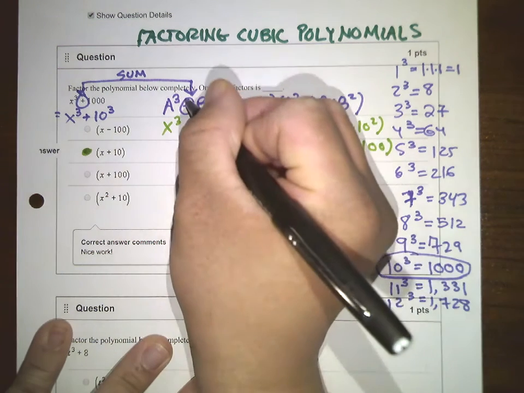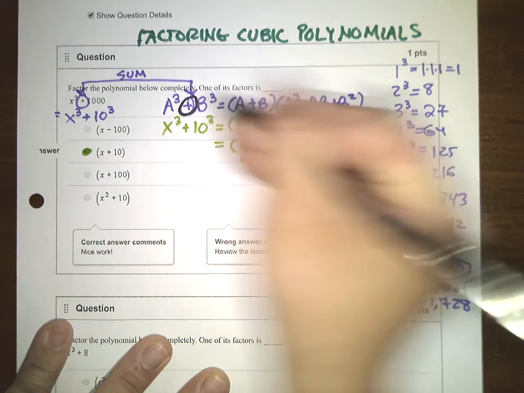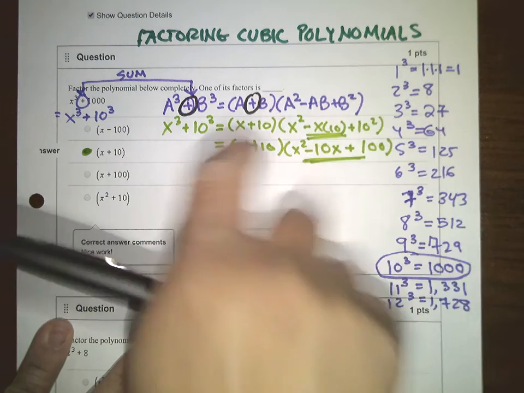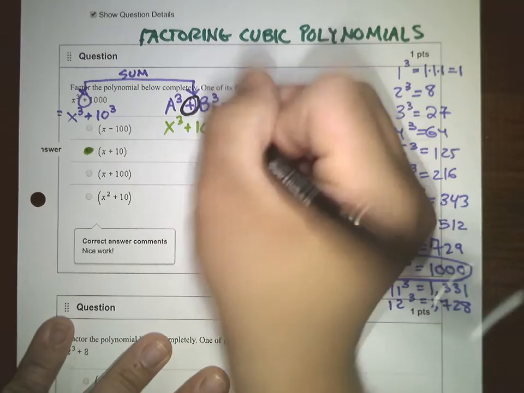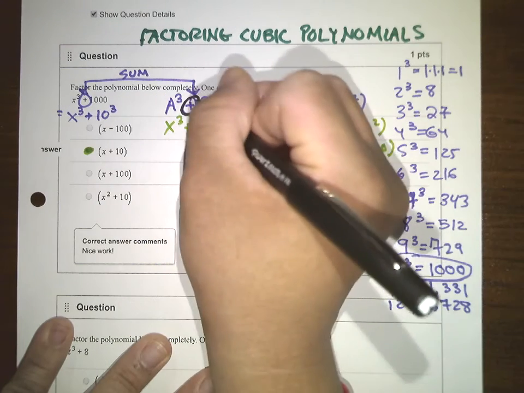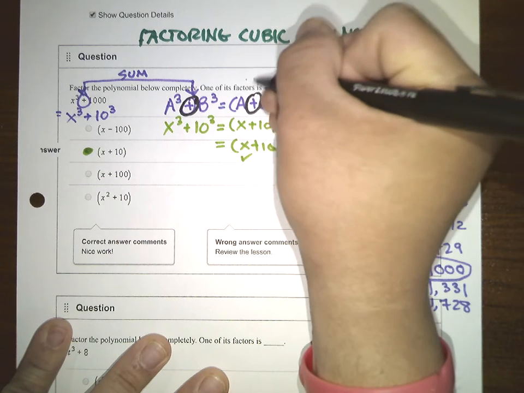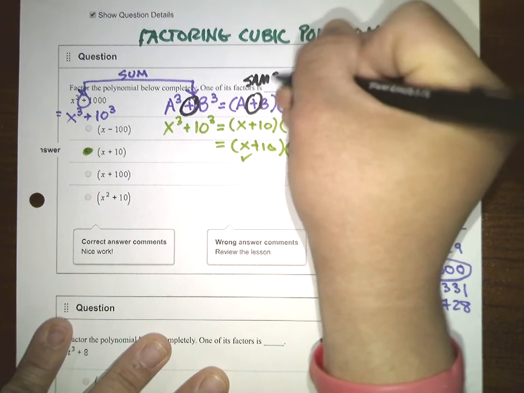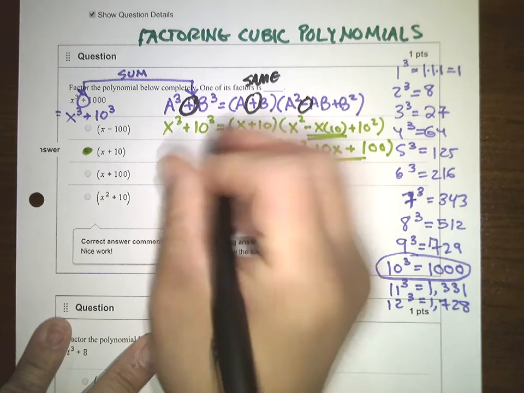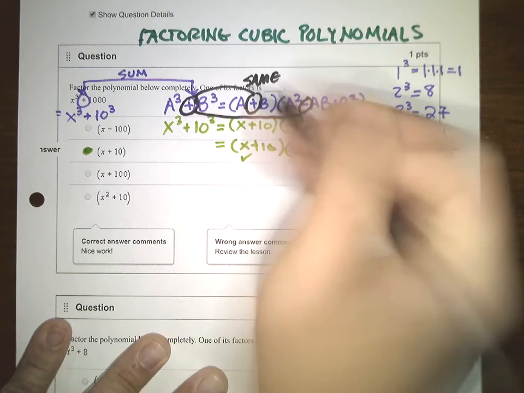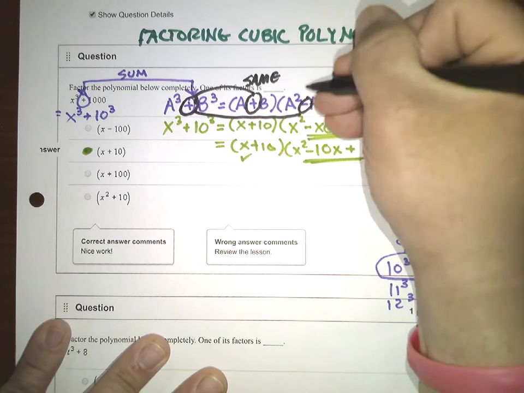So you see how this was a positive and this was a positive, right? So that means that these two signs are the same, both positive. So same signs. And then this sign is the opposite of the sign over here. So these are the same. And these are opposites.